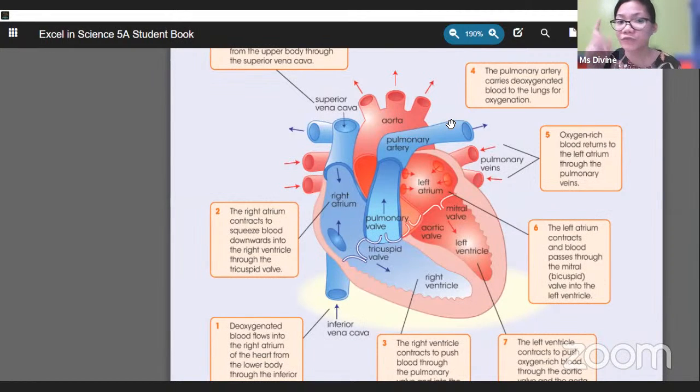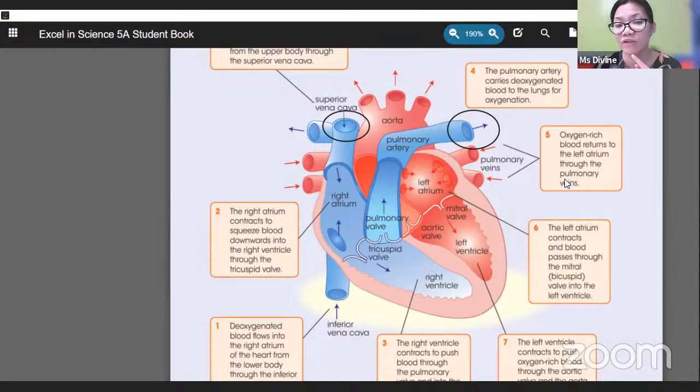So after going to, let's annotate. Here we have the pulmonary artery, which is connected to your lungs. The oxygen that is already used up in our body will go into your superior vena cava, mixed with the blood, and then it will go out into your pulmonary artery through your lungs.